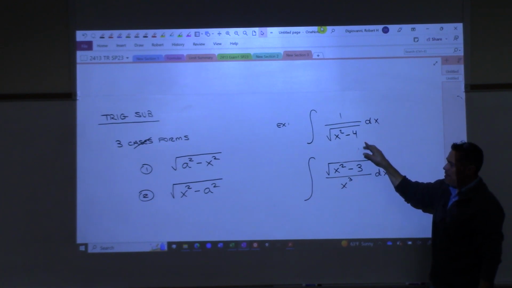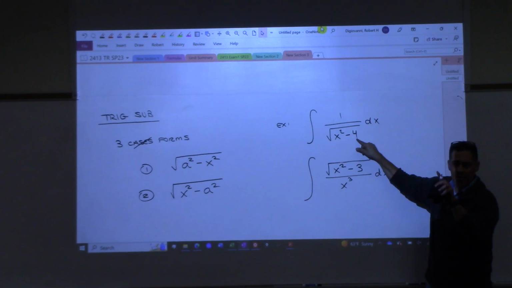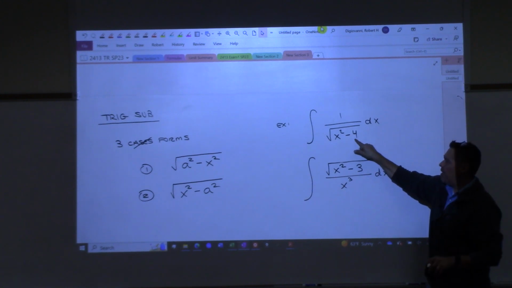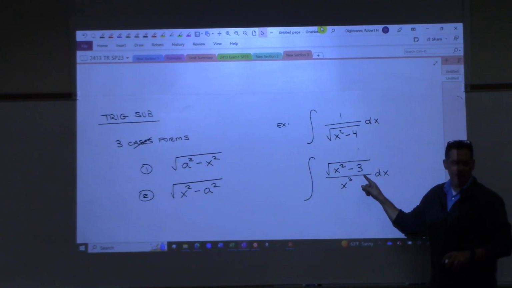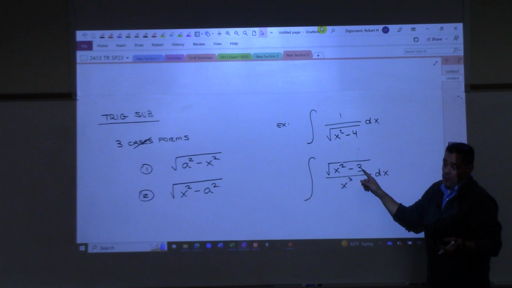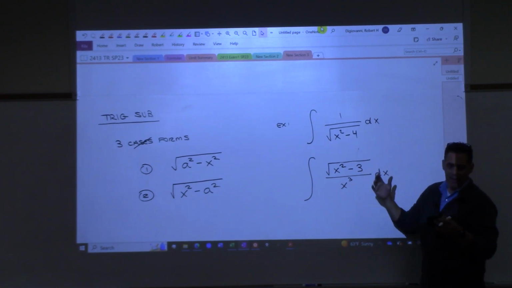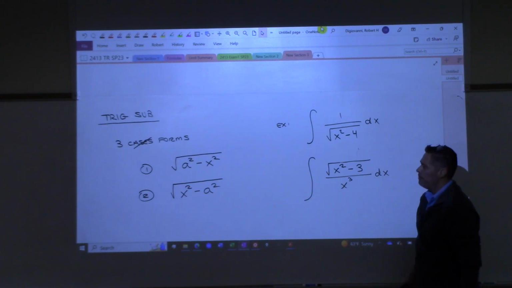This number right here is the a being squared. So here a would be 2. What would a be here? Square root of 3, right? It's not a perfect square, so a would have to be the square root of 3 here. But that's okay, because it's still just a number, right?